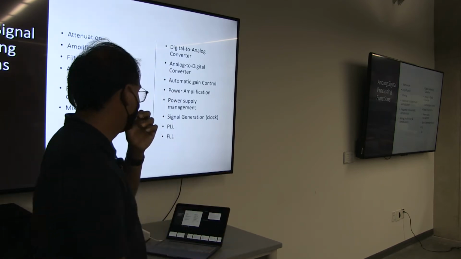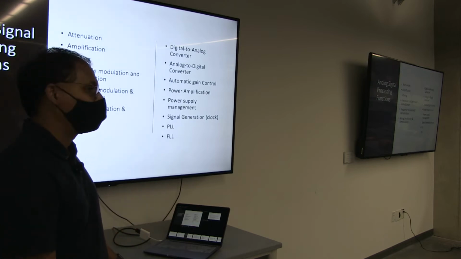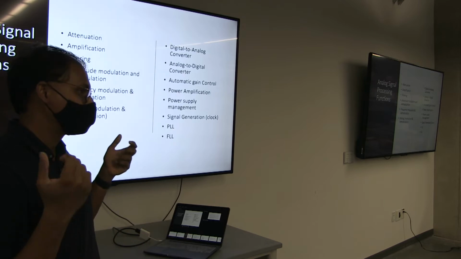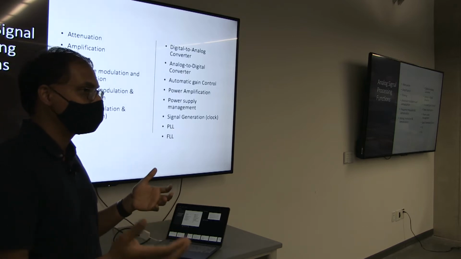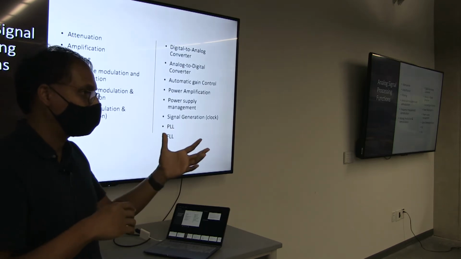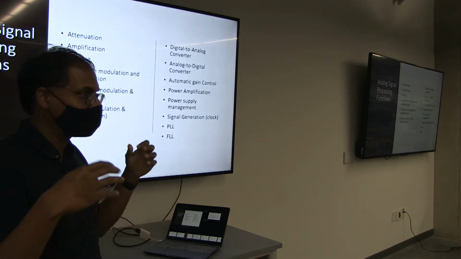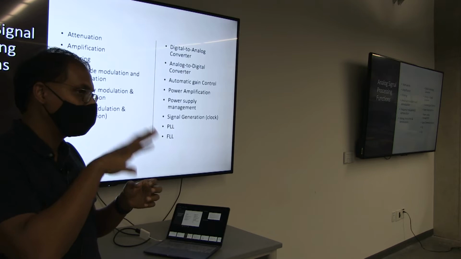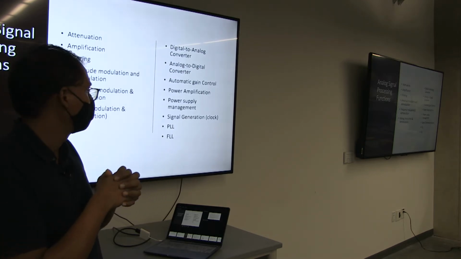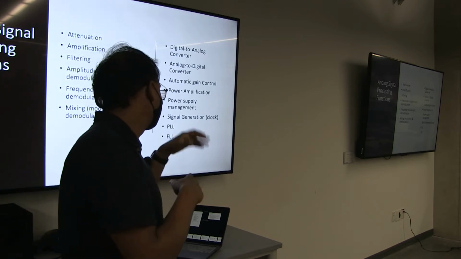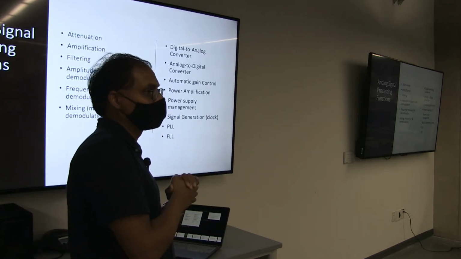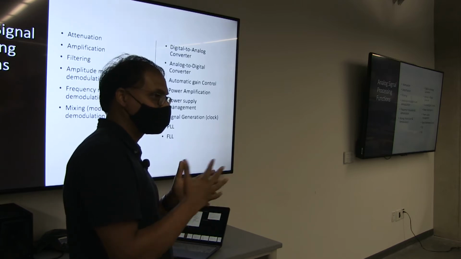And power supply management is basically the power management integrated circuits. Every chip that you take has a PMIC on it, either integrated onto your processors. For example, any Intel processor or AMD or Apple, all of them have a PMIC integrated into it, and they're primarily analog blocks. And signal generation, PLL, FLL, are all used for clock frequency translations.